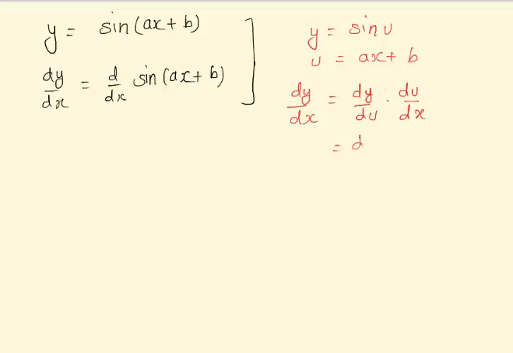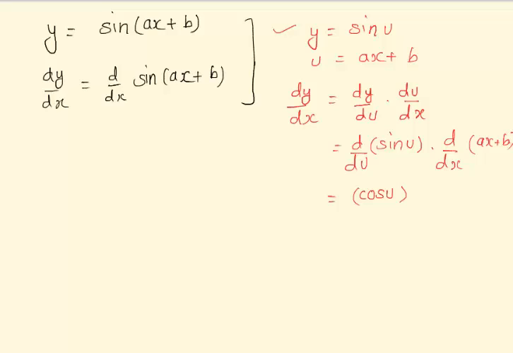Now you can differentiate y with respect to u, so you have to put y as a function of u, which appears here. You can put here sin u, and then differentiation of u with respect to x, so d by dx of ax plus b. Then sin u differentiation with respect to u will become cos u, and differentiation of ax plus b will give you differentiation of ax plus differentiation of b.